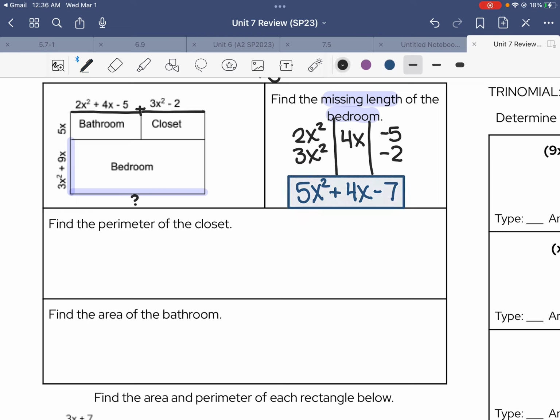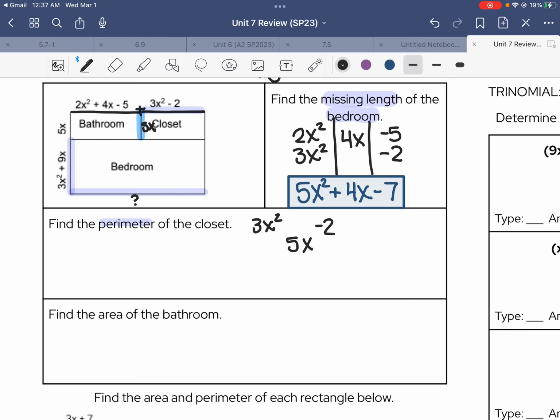Then the next problem asks us for the perimeter of the closet. Remember what we said up top, where perimeter is where you add all sides together. So for the closet, I have 3x squared minus 2, and on the other side, I have this side, which is the same as the side of the bathroom on that side, 5x.